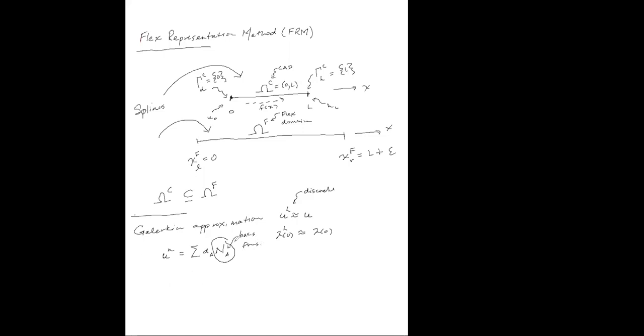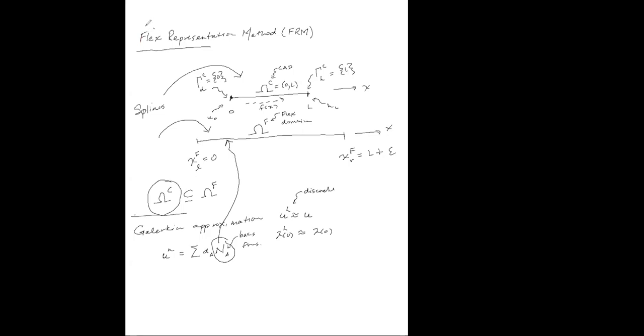Okay, now here's a big point. These basis functions, these N's, they're going to be defined here, not in the actual domain of our problem. We're going to generate a much more flexible way to do discretization by just putting our basis functions on this larger domain that just has to encapsulate the domain of our actual problem.